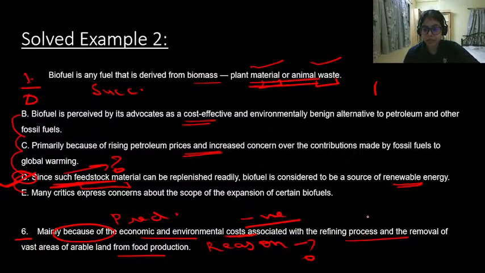So this could be associated to something negative, which is mentioned in E. Many critics express the concern about the scope of expansion of certain biofuels. Why are they scared of the expansion? Because of the economic and the environmental cost. So E and 6 are a pair.